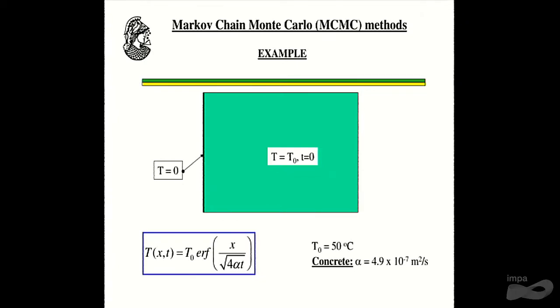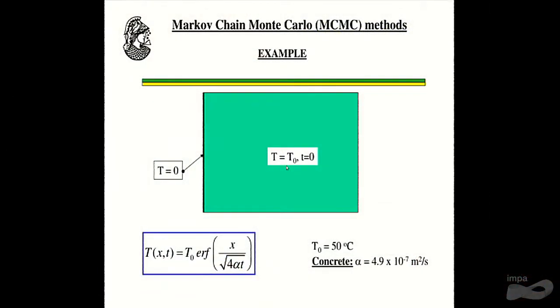First, the first Matlab code is about this example, where we have a semi-infinite medium. So this is like a plate, which is infinite in this direction, also infinite in the direction perpendicular to the board. And it's semi-infinite here, okay? And this plate is initially at temperature T0.